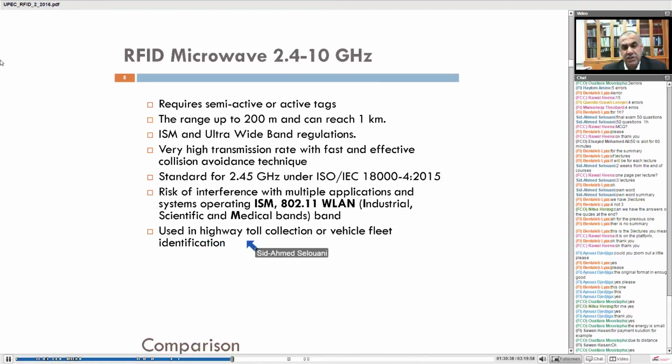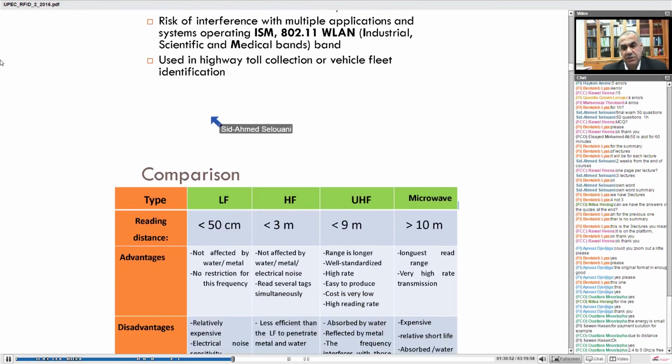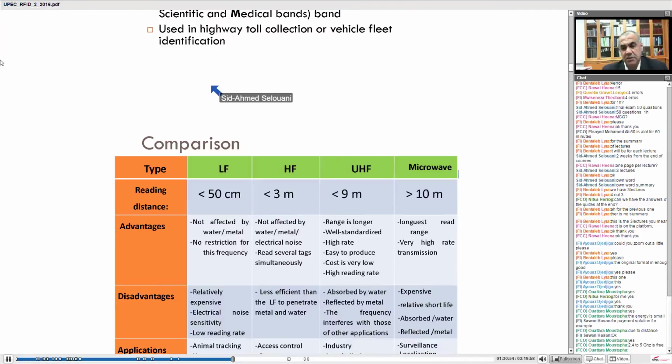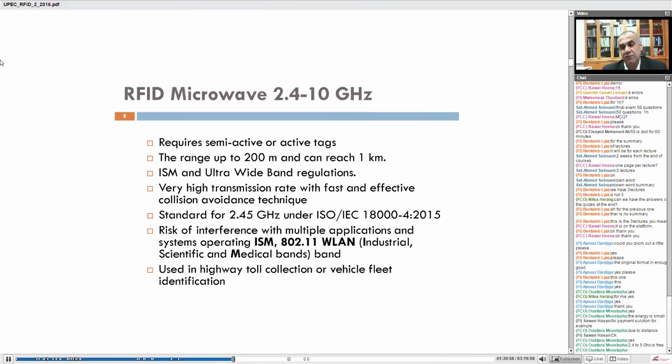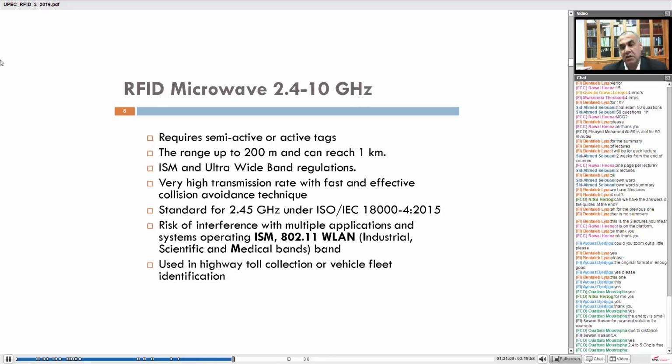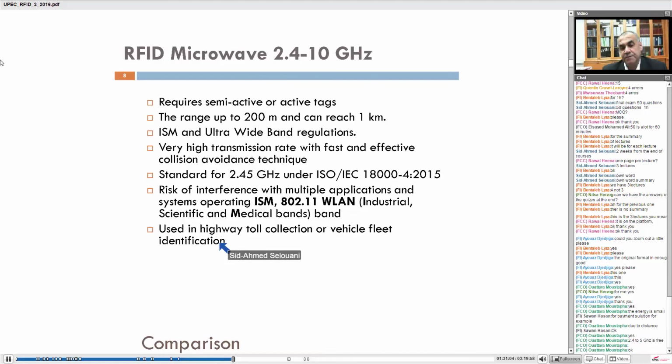Risk of interference, because here we have the WLAN and the Wi-Fi on this frequency. It is used in highway toll collection or vehicle fleet identification. This is what is used in Dubai and London and Roissy Charles de Gaulle, and in many applications.